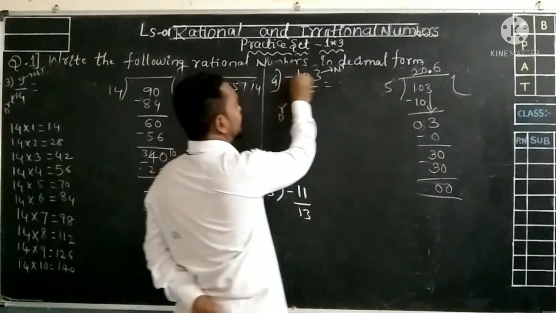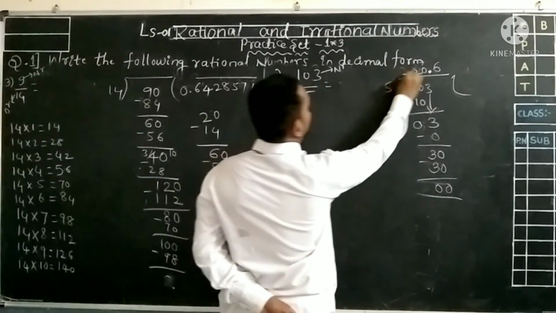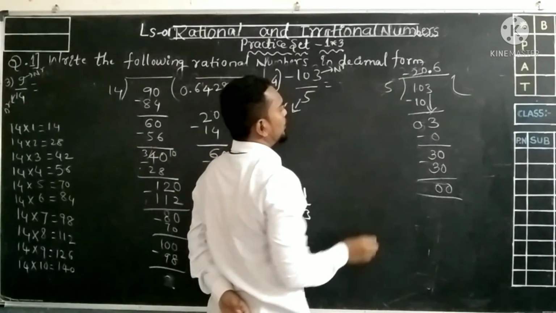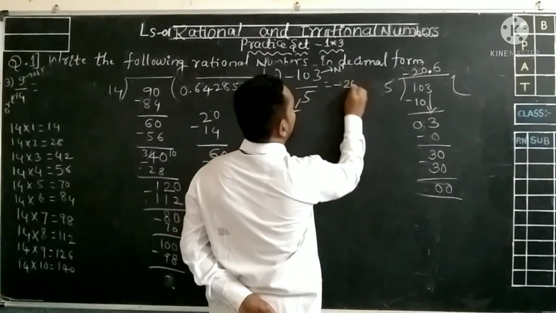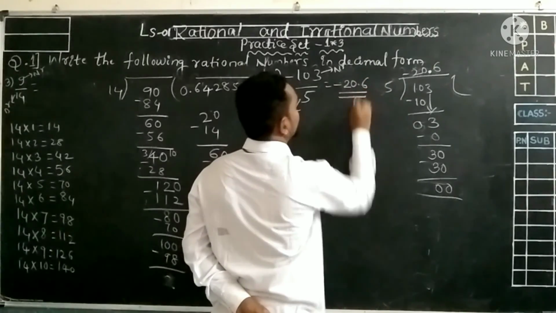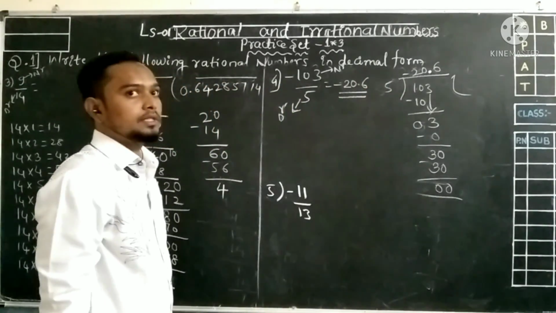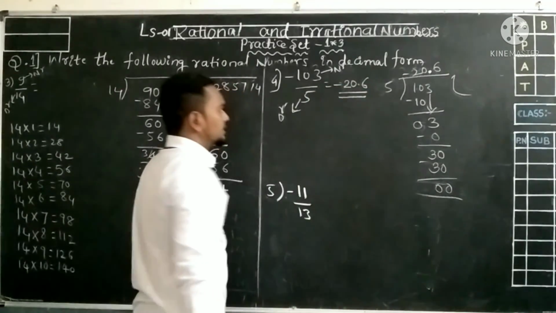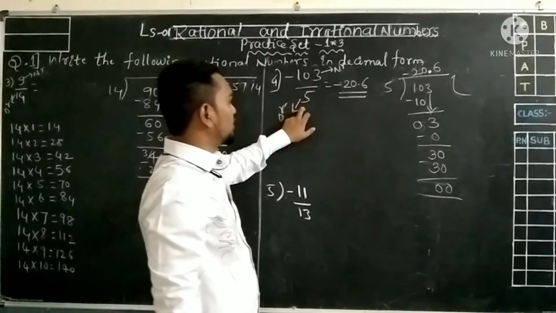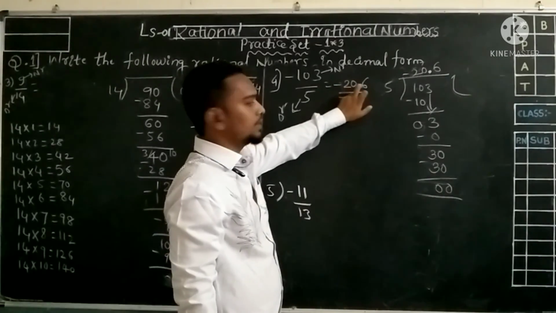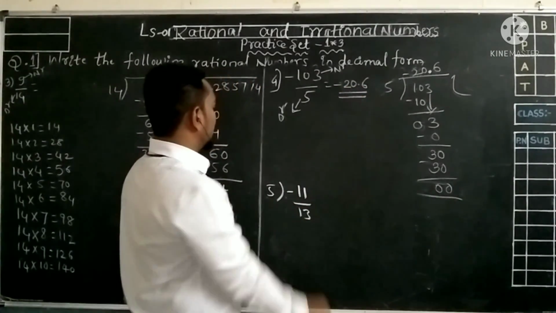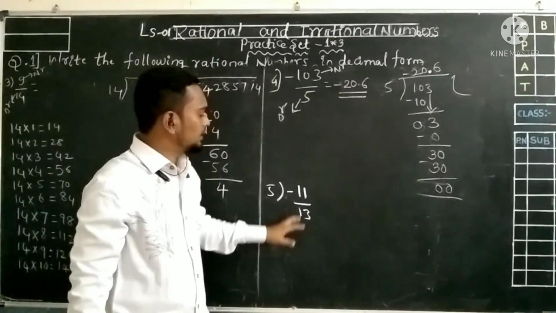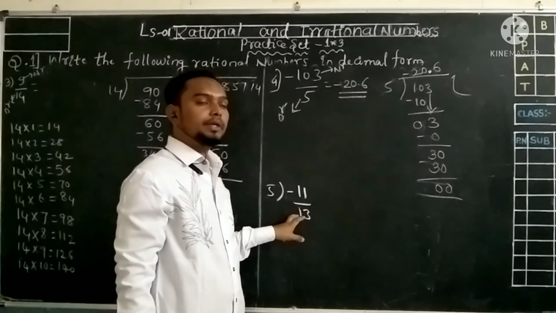Here minus 103 means here also minus 20.6. So minus 103 upon 5 is equal to minus 20.6. Fifth question is homework: minus 11 upon 30.